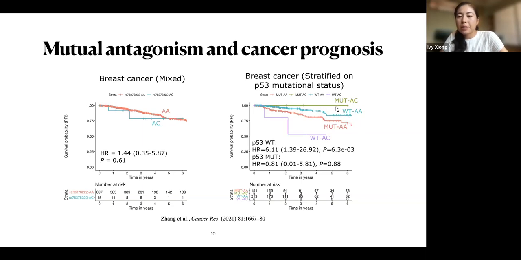And what is interesting is that the cases with mutant PP3 and the minor C actually have superior survival and prognosis over time. So this suggests this mutual antagonism is not just statistical noise. It's actually quite functional, and it's a real biological signal.